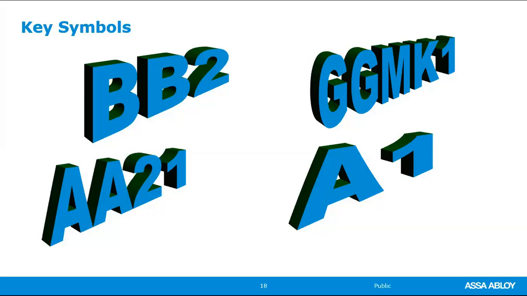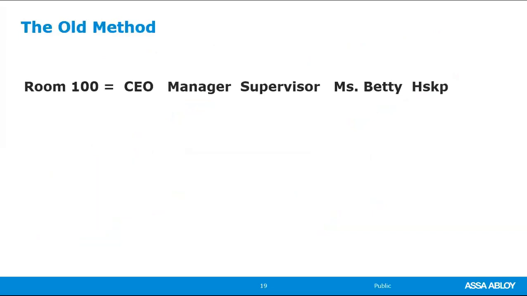So let me give you an example. The old method, room 100. This is how factories would receive a key in list. Room 100, the CEO, the manager, the supervisor, Miss Betty, housekeeping has to get in. Okay.